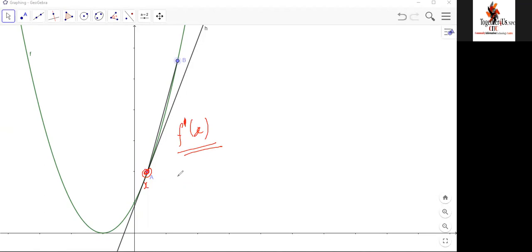But at the same time, what I must understand is that when I talk about f of x, these are not one and the same thing. These are two different things, okay? This here tells me about the gradient of the tangent to this function at a particular point.